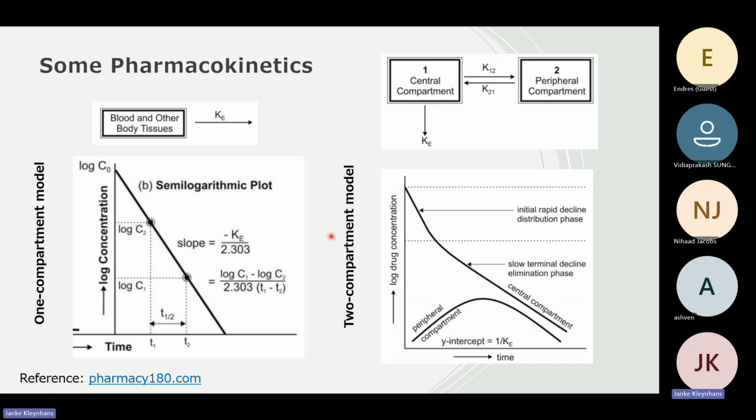For a one compartmental model, ideally you should be administering your radiopharmaceutical directly into the central compartment, and it should then be excreted linearly, as a logarithm of the concentration, so that you have a straight line. There is no accumulation elsewhere, so you know that your excretion is directly in proportion to what is in the blood.